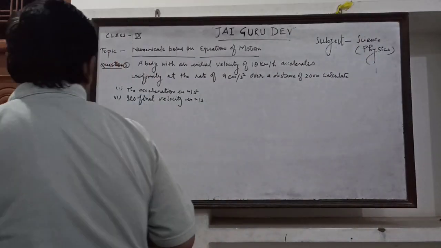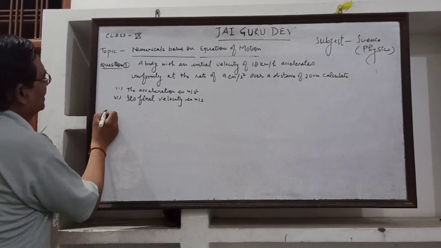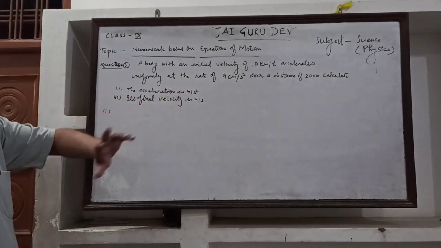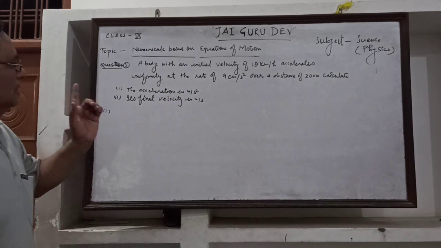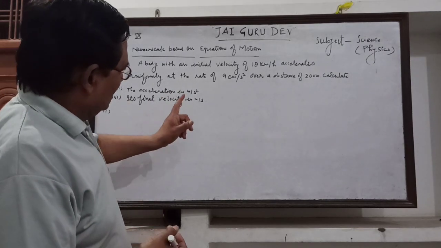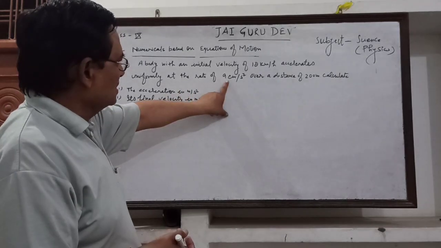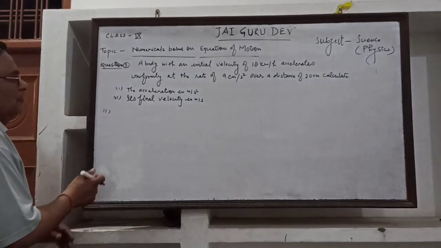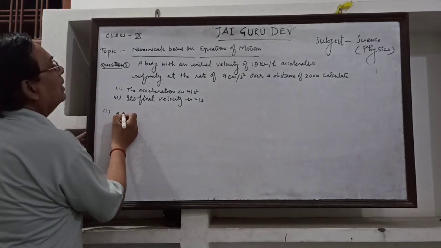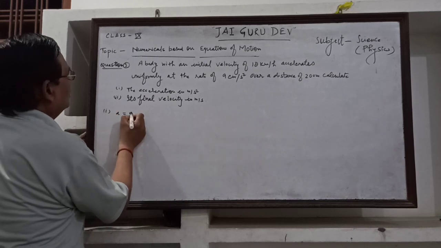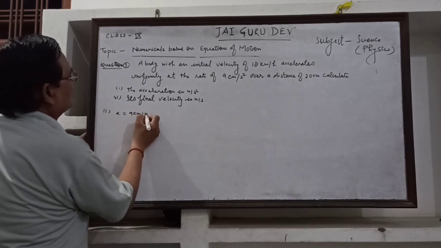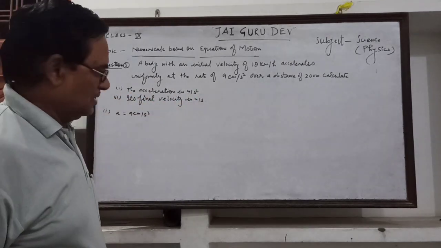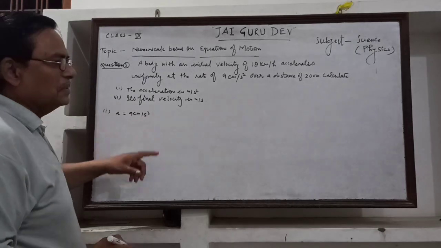Once again, we take the first part, the acceleration in meter per second square. We look at the question: acceleration is given in centimeter per second square. So we write A is equal to 9 centimeter per second square, and the question asks for the acceleration in meter per second square.